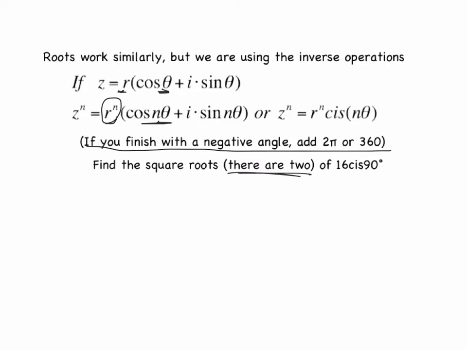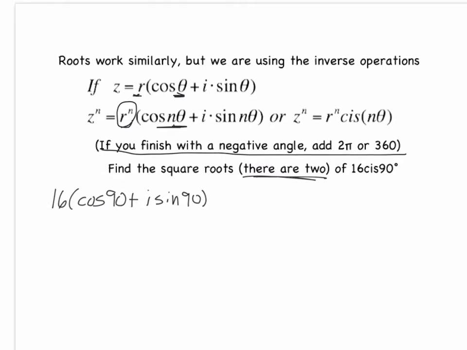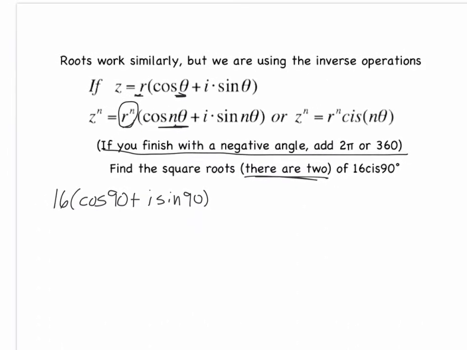So to start with, my original problem is 16 cis 90, which means I really have 16 times the cosine of 90 plus i sine of 90. Well, if I want to find the nth root of that, that's really what I'm finding, the nth root of that whole thing.